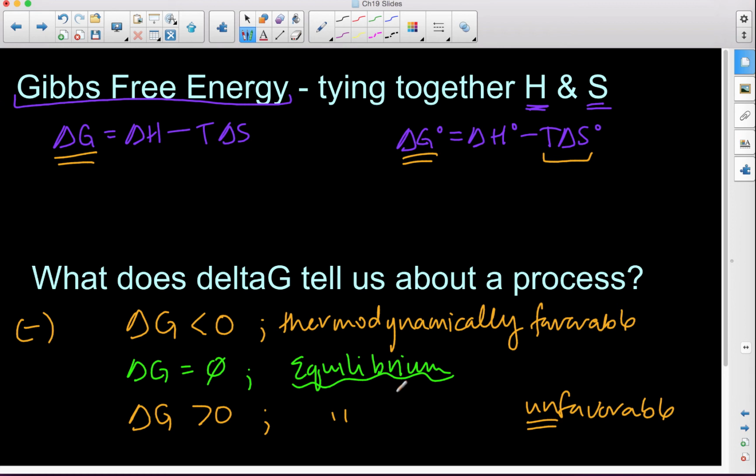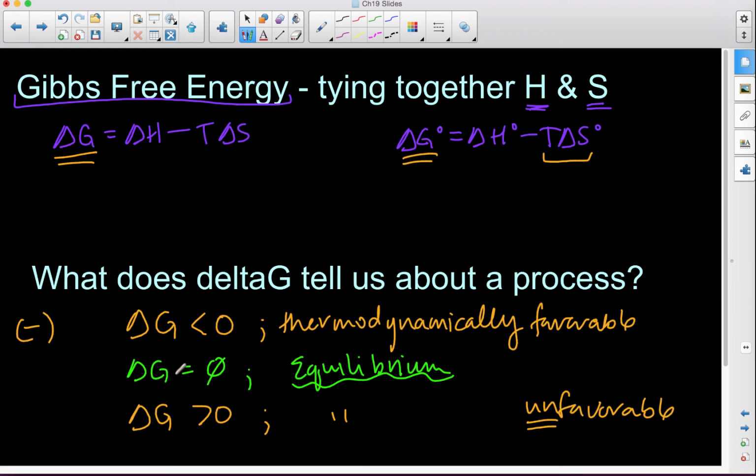And that's what equilibrium means. So when we say that delta G is equal to 0, we mean we're at that place, which means that neither forward nor reverse are favorable.